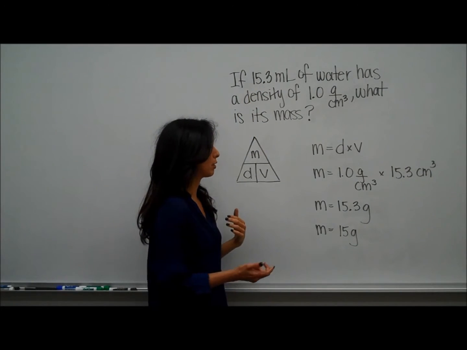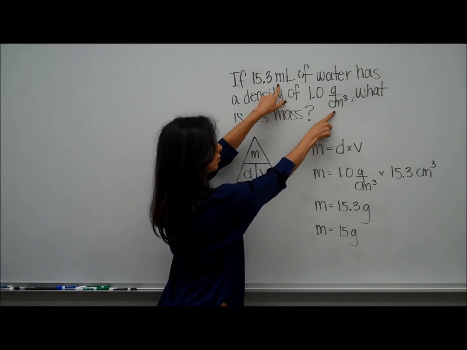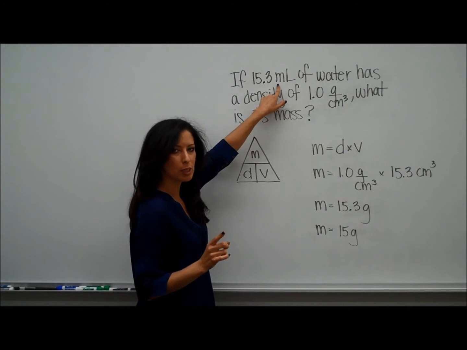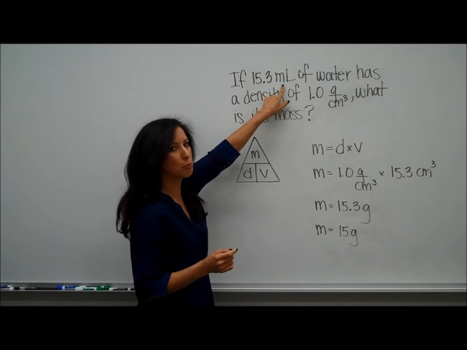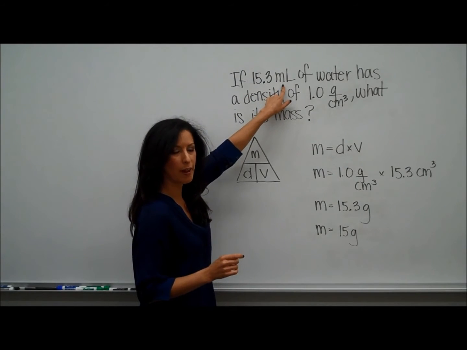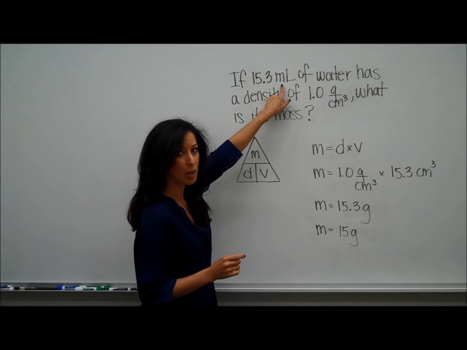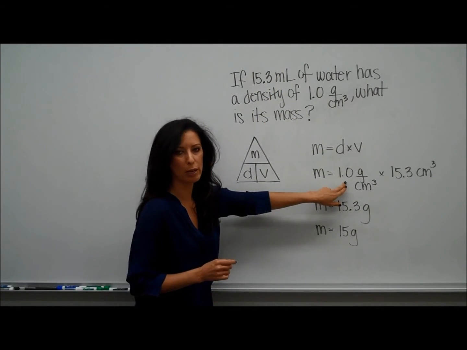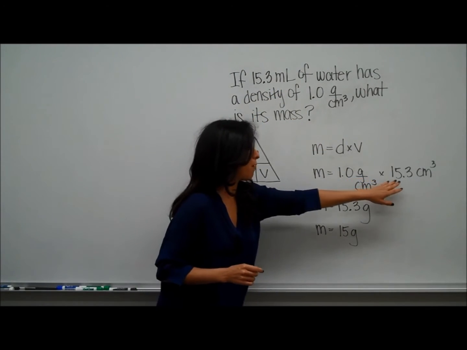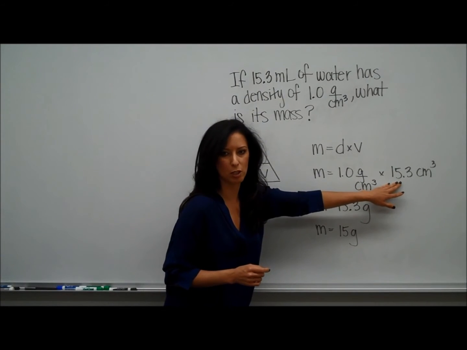Our volume units don't match here. But since 1 milliliter equals 1 centimeter cubed, 15.3 milliliters is the same thing as 15.3 centimeters cubed. So we can multiply 1.0 grams per centimeter cubed by 15.3 centimeters cubed.